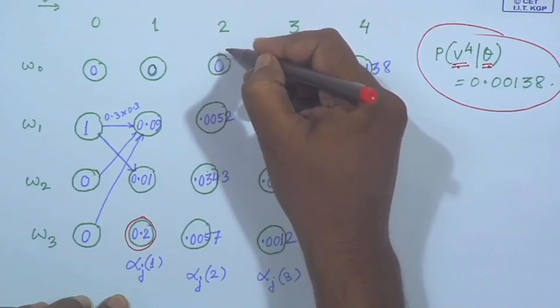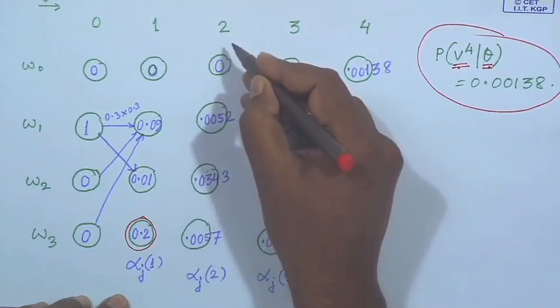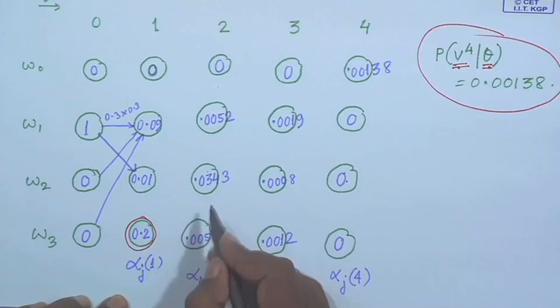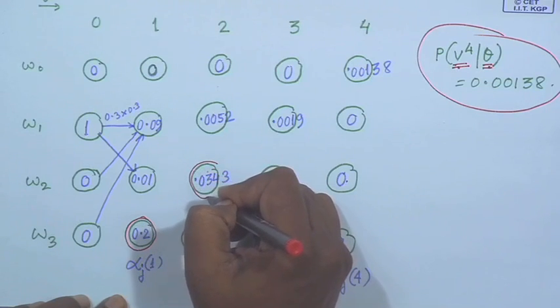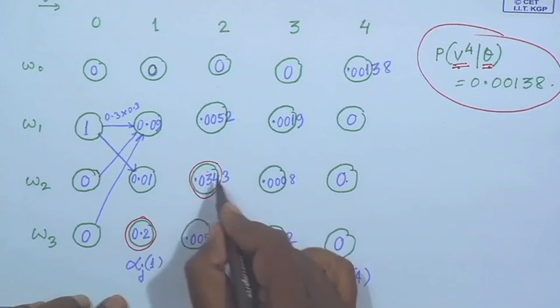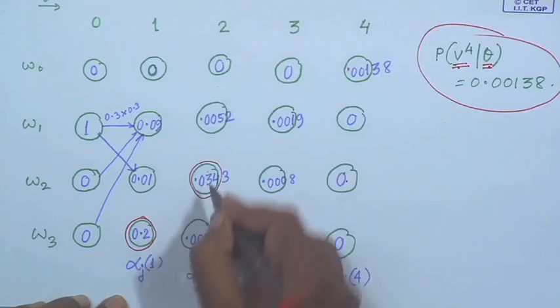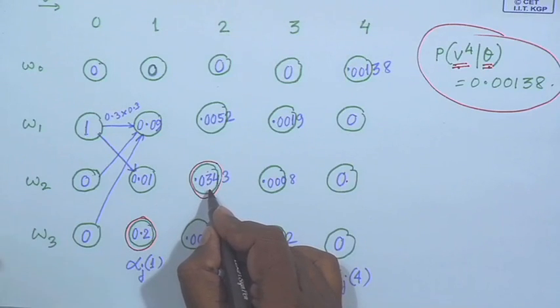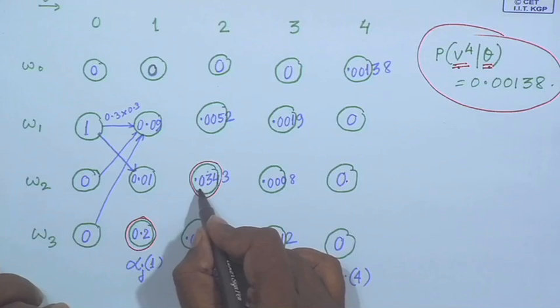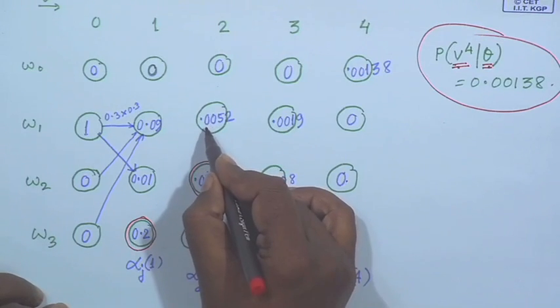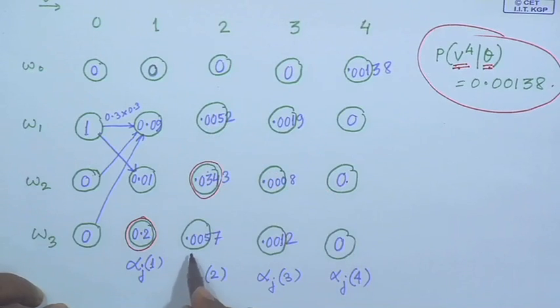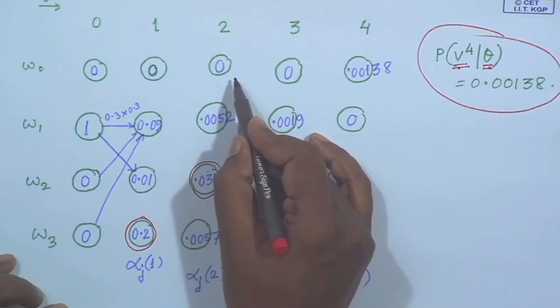Similarly, at t equal to 2, the most probable state in which the machine can exist is omega 2, because here the probability that the machine will be in state omega 2 after generating the first two symbols is 0.0343, whereas for omega 1 it is 0.0052, for omega 3 it is 0.0057, and for omega 0 it is equal to 0.